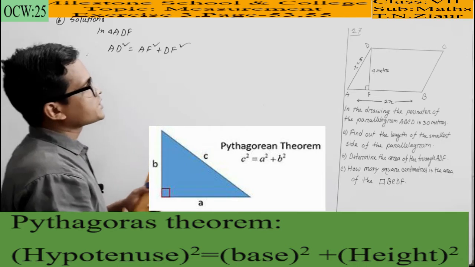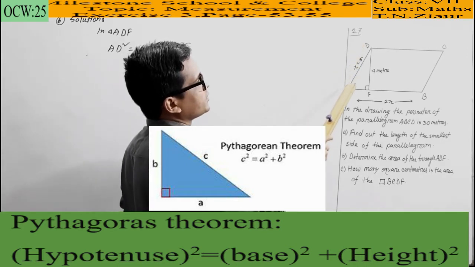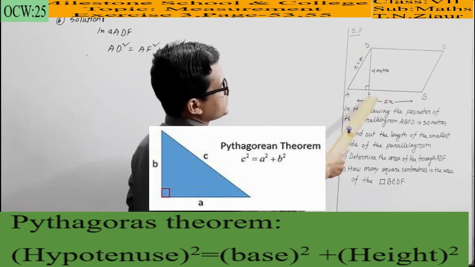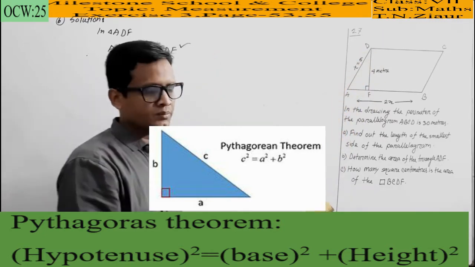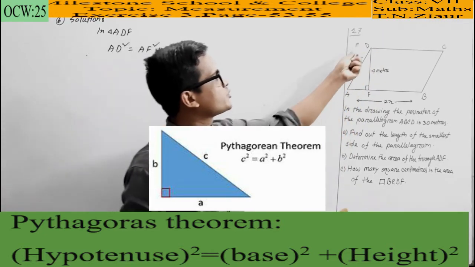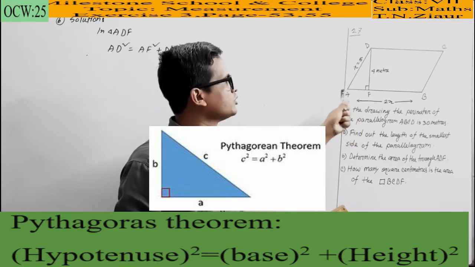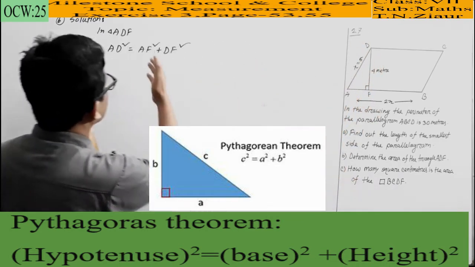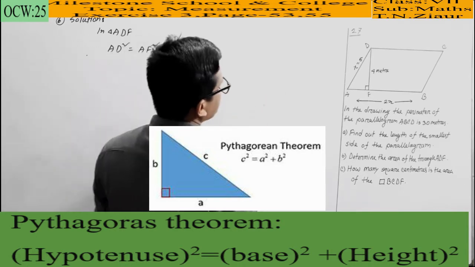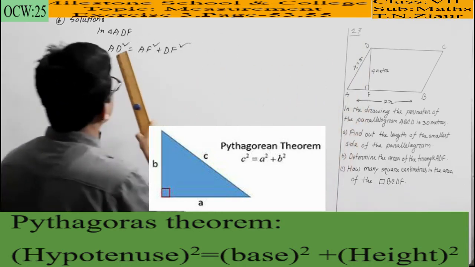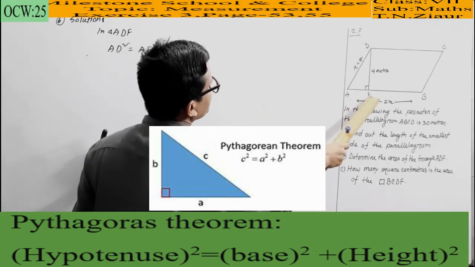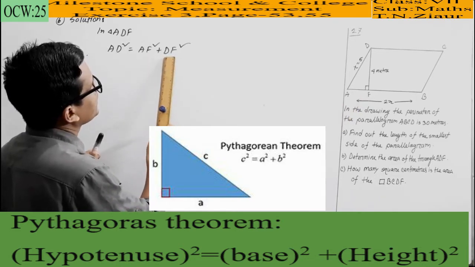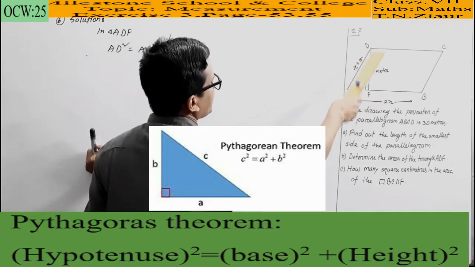AD square, that means hypotenuse square, equal to base square plus height square. Here the hypotenuse is AD, that's why I have written AD. Base is AF, that's why I have written AF, and DF is the height.